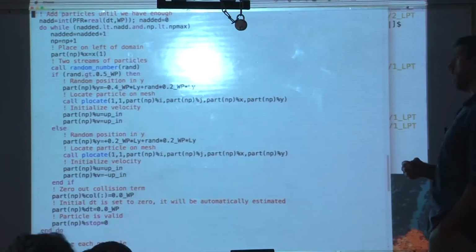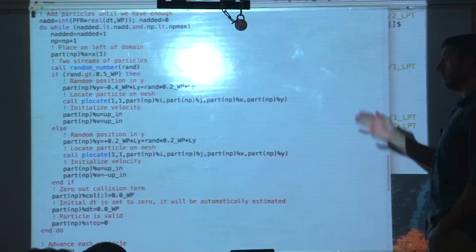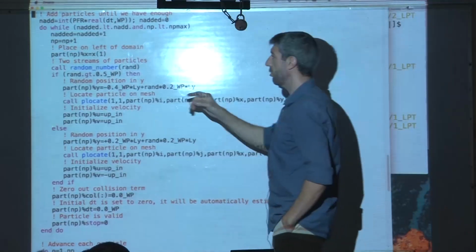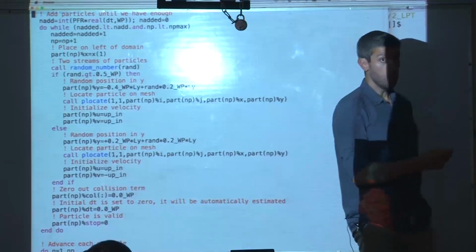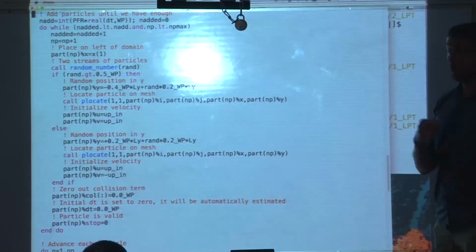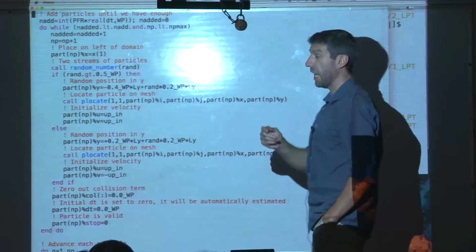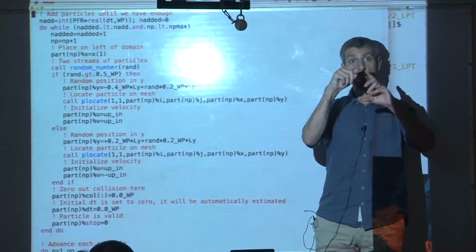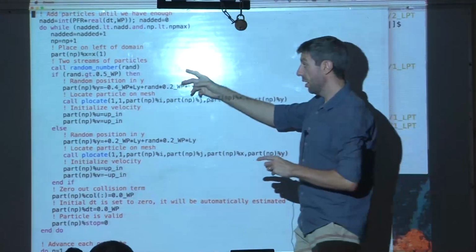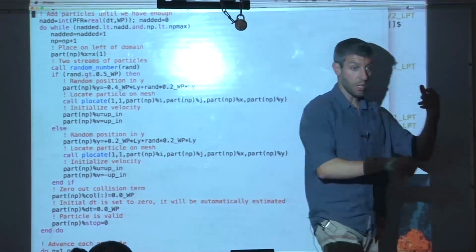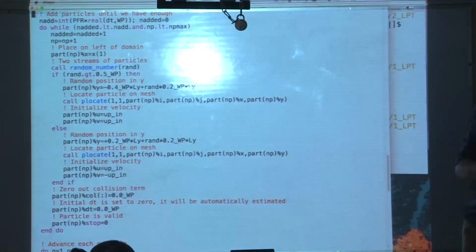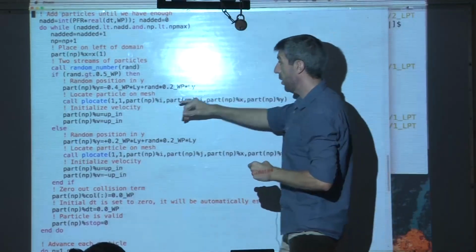If the random number is above 0.5, I add a particle in the upper stream; if it's below 0.5, I go to the else and add a particle in the lower stream.